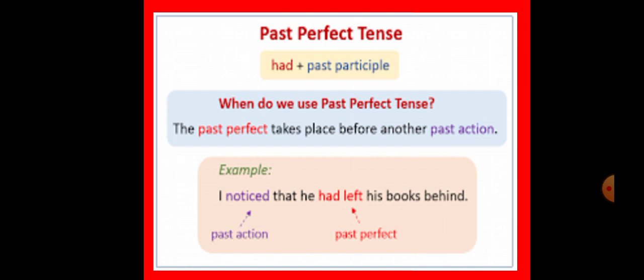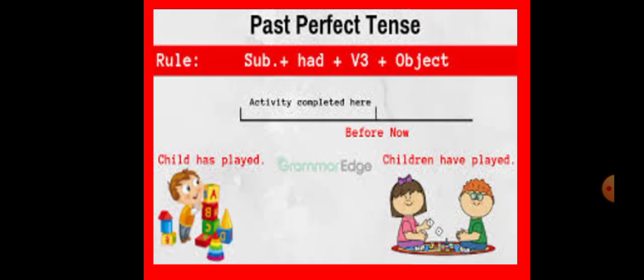He had left his books behind. What is the second action in the sentence? Noticed. So, second action should be in the simple past tense. Yes, the formation of past perfect tense is subject plus had plus past participle plus object.